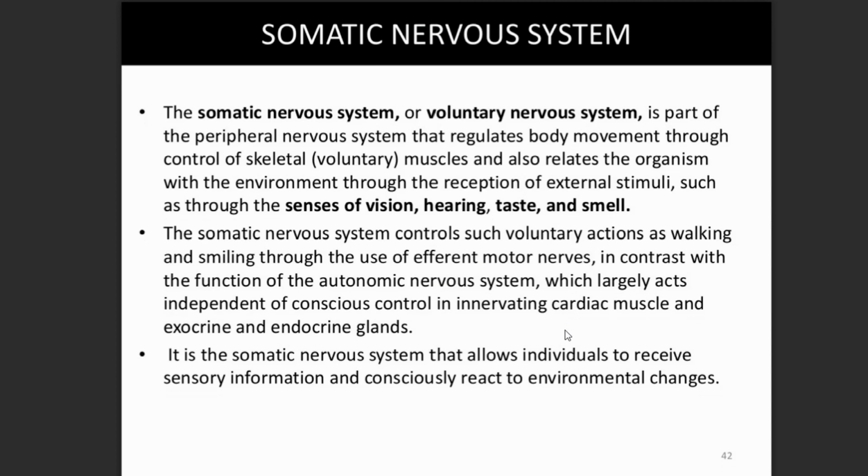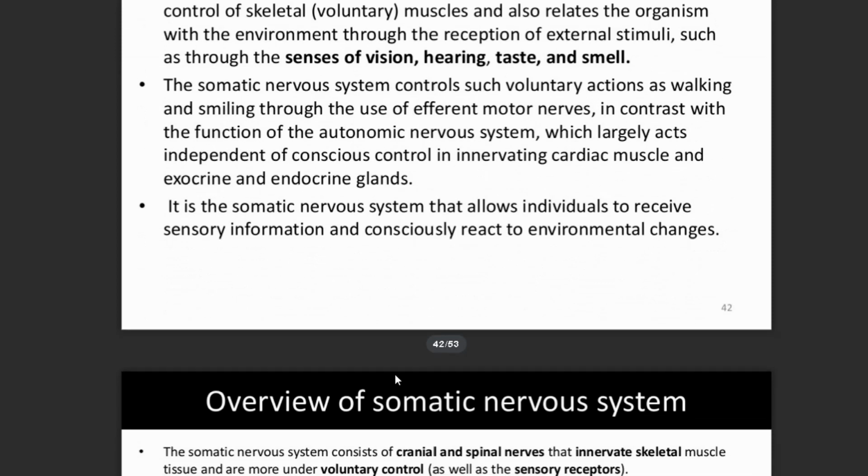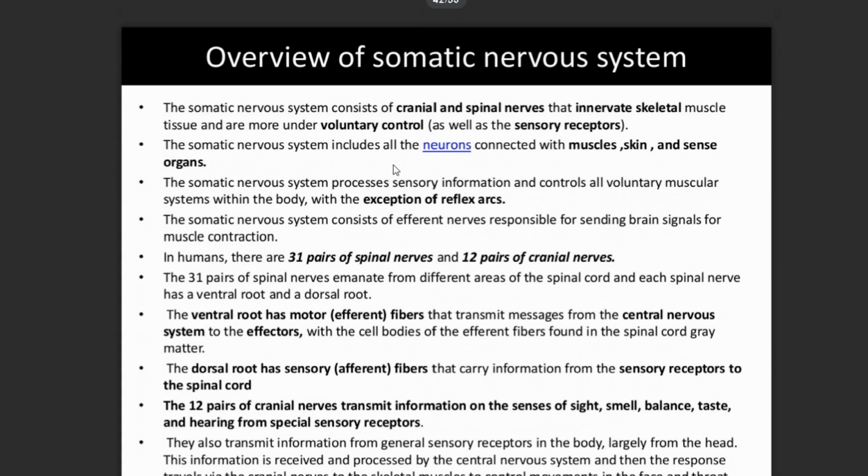So the somatic nervous system allows the individual to receive sensory information and react to environmental changes. Overview: the somatic nervous system consists of cranial and spinal nerves that innervate the skeletal muscles, which are under voluntary control.